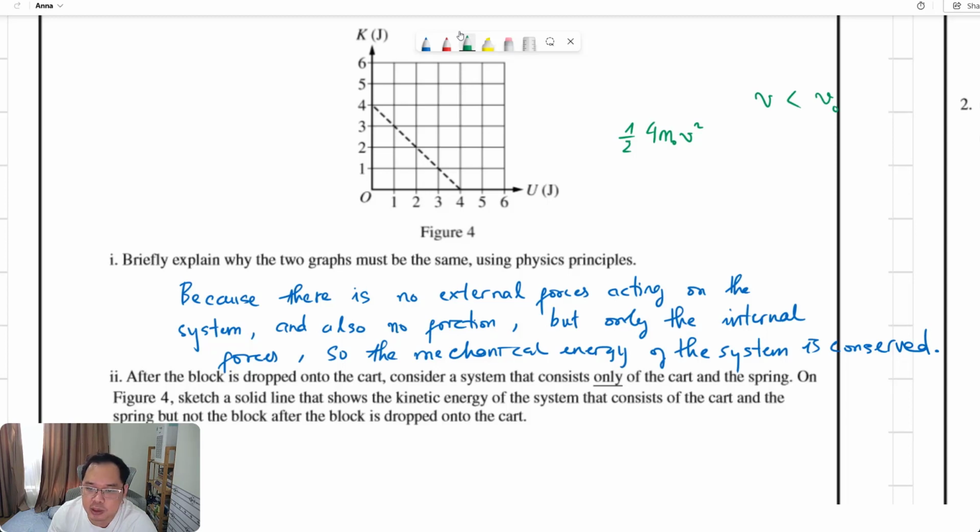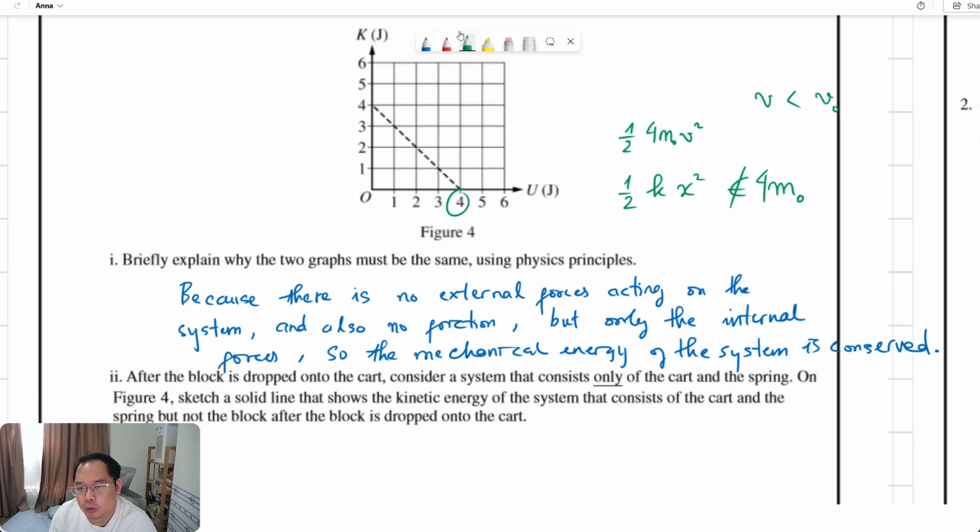And secondly, the formula for the potential energy is 1/2 kx squared. We see that the potential energy here does not depend on the mass of the system, does not depend on 4m0, meaning the maximum potential energy will still be 4 joules.